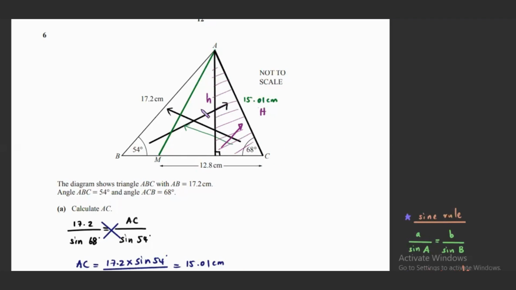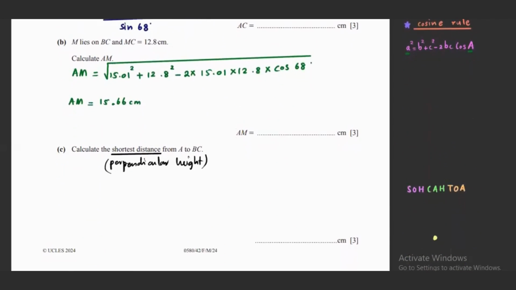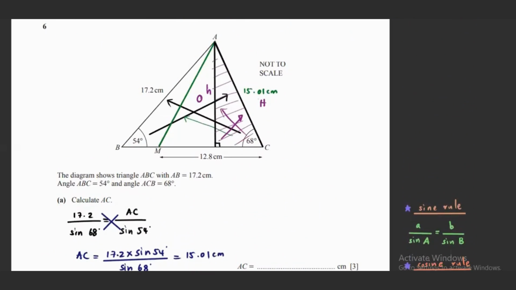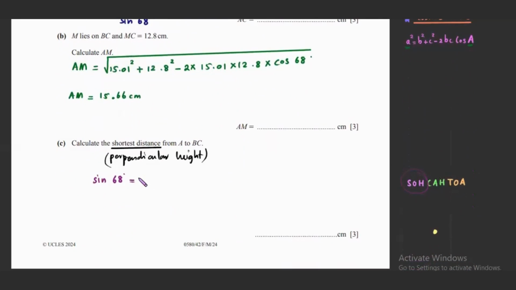And this H is the opposite side for this angle, which means when it comes to opposite side and the hypotenuse, if you check SOHCAHTOA, the one with the opposite side and the hypotenuse is sine. So I will have to apply sine. So sine 68, sine theta is equal to opposite over the hypotenuse. In the diagram, the opposite side is H and the hypotenuse is known to us, which is 15.01.